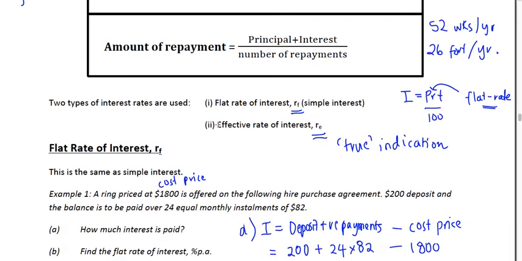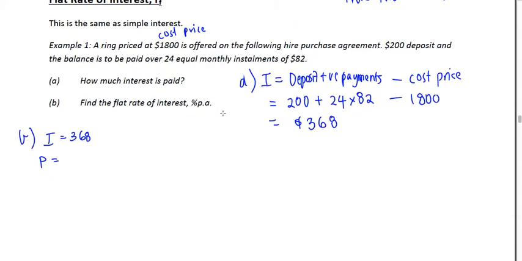I'm not including the deposit in the principal because the deposit is already paid. So I won't be charged interest on what I've already paid. I'm charged interest on what's left when I walk out the door, and that's what I owe, $1,600. The rate, I'm trying to find that, so I'll put a question mark. The time in years is 2 years. 24 months is 2 years.